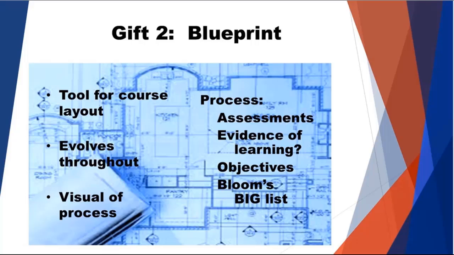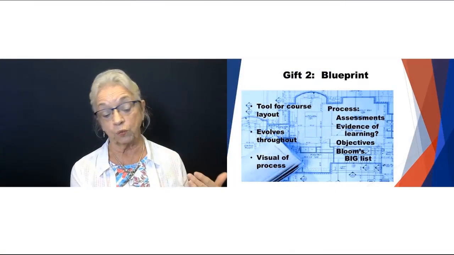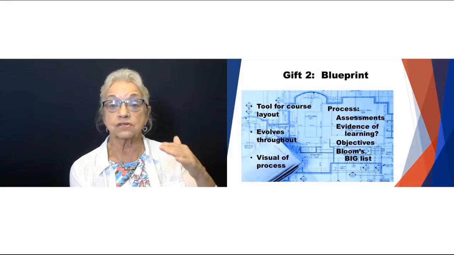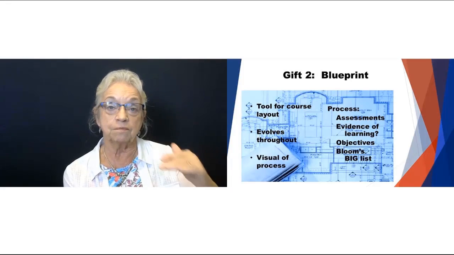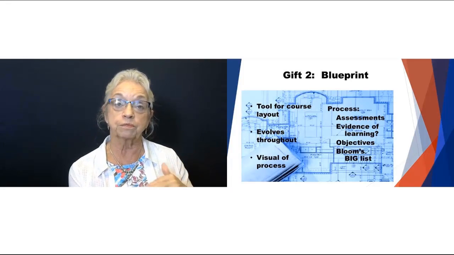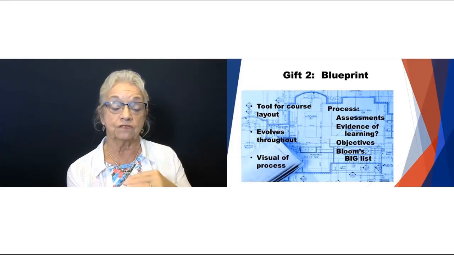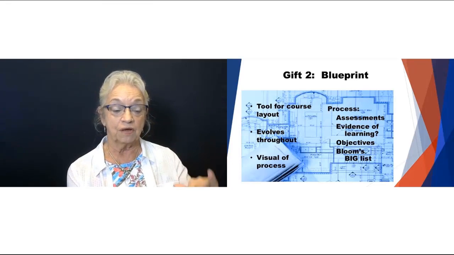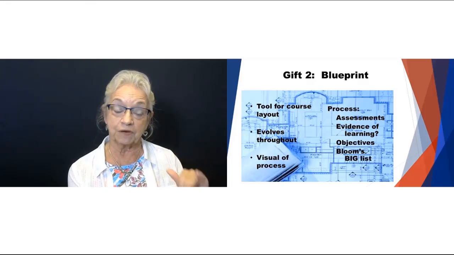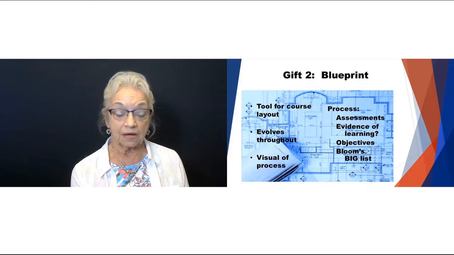We start out with objectives, course level objectives and module level objectives, and say by the end of this course, our students will. The blueprint and the module objectives within the blueprint give us the evidence that, yes, indeed, by the end of the course, the students did. That comes from the flow and how we were able to lay it out.